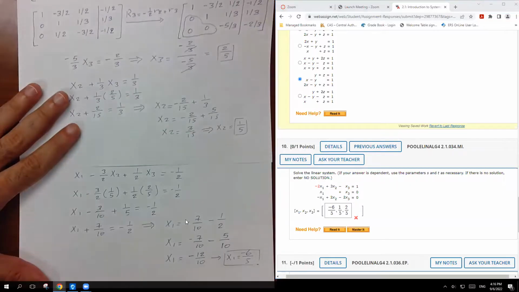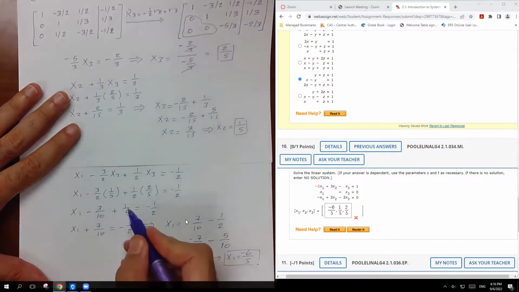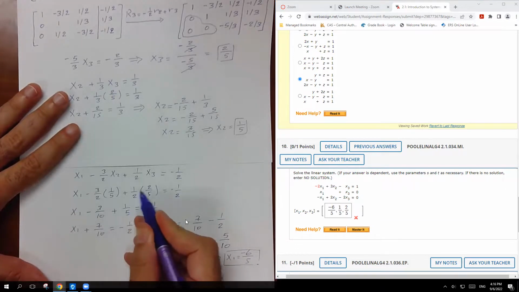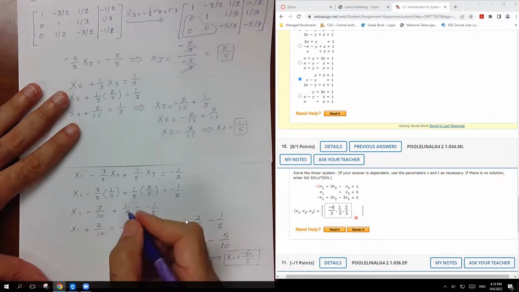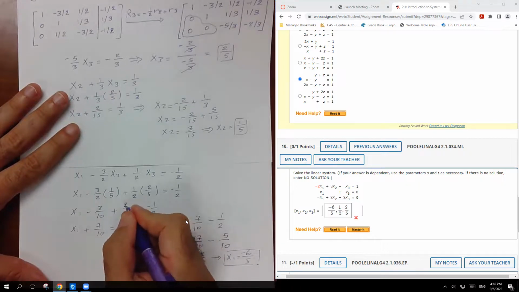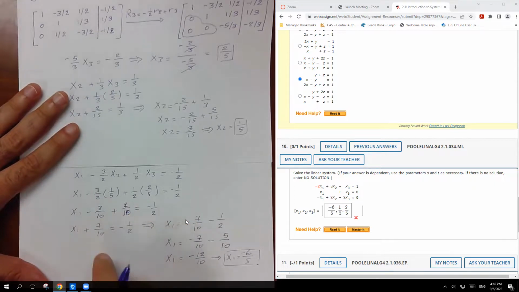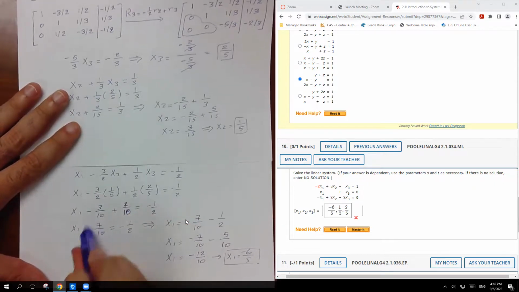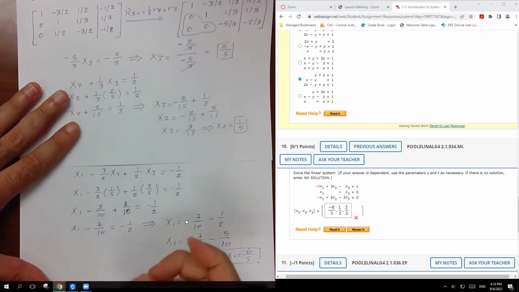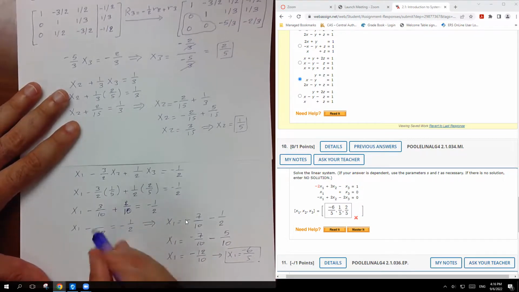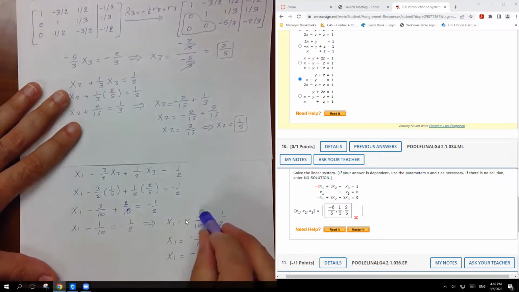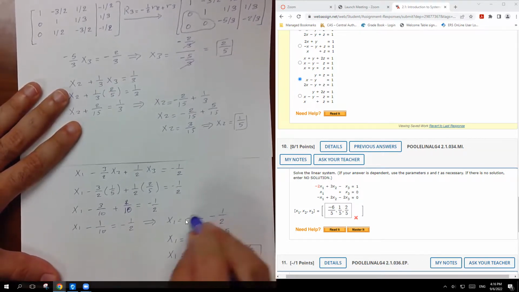Here's the mistake. Let's check this one again because 1 times 2 is going to be 2 over 10. That means here's 2 over 10. So when we add these together, it's going to be negative 1 over 10 equal negative 1 over 2. So we're going to move this one to the other side.